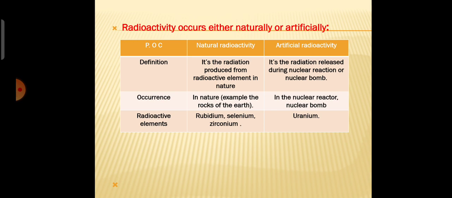Artificial radioactivity is radiation released during a nuclear reaction or nuclear bomb. Occurrence: natural radioactivity occurs in nature, for example in the rocks of the earth. Artificial radioactivity occurs in a nuclear reactor or nuclear bomb. Radioactive elements: natural radioactivity, like rubidium, selenium, zirconium. Artificial radioactivity occurs by uranium.